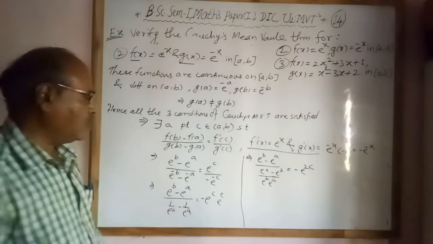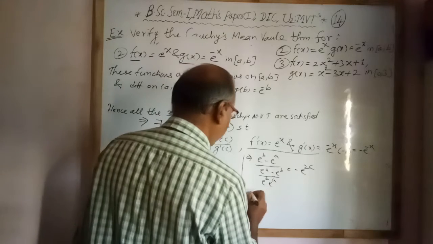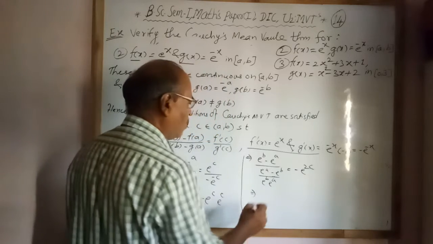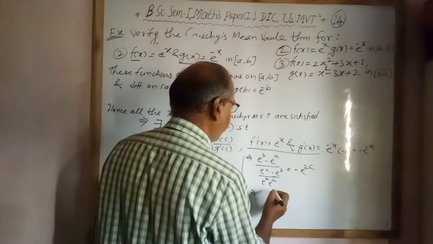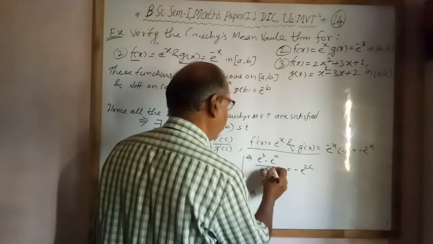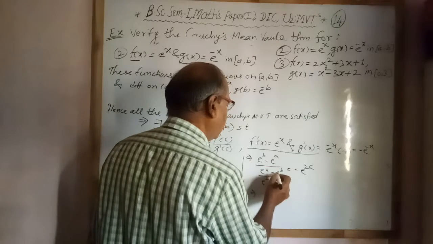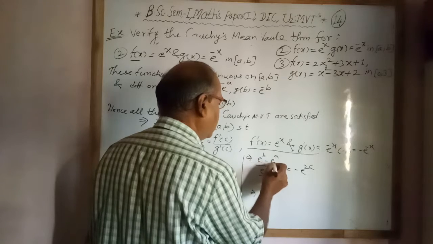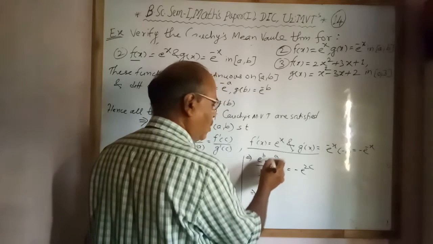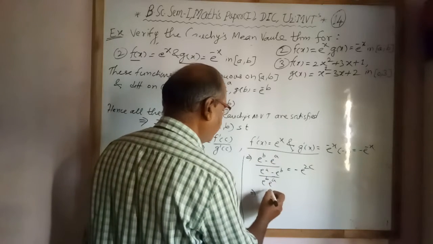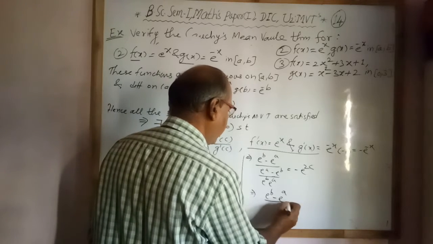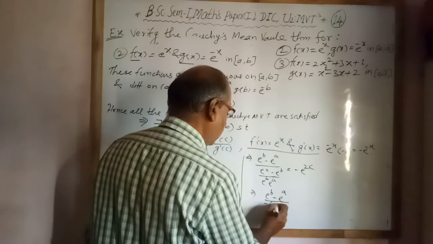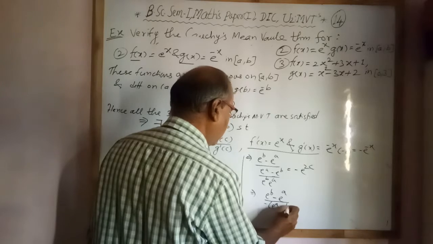Addition of this index, c plus c, twice c. Then we get e to the power a minus e to the power b. Here e to the power b minus e to the power a, if we take minus in common, then this will get cancelled. e to the power b minus e to the power a divided by minus e to the power a minus e to the power b.